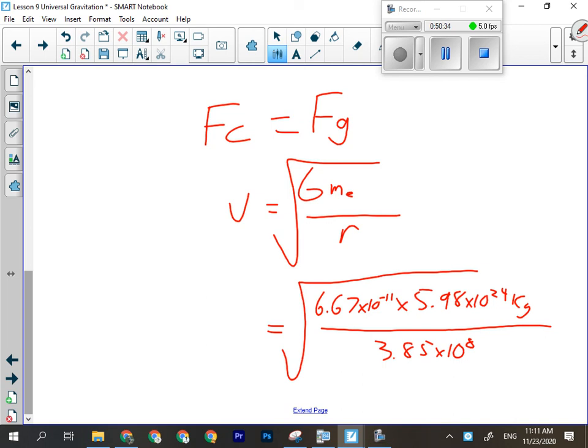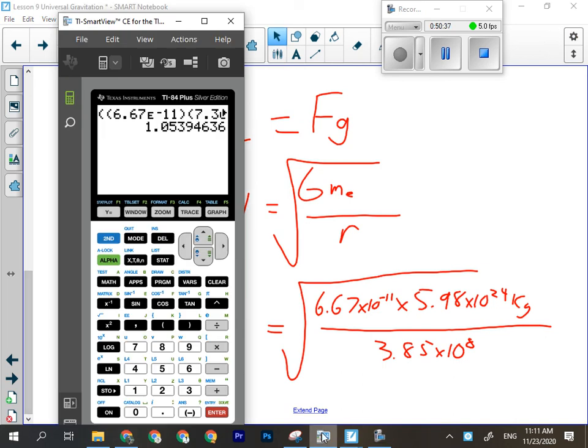So I'm going to divide by that. Once I plug all that in, I'm going to get the speed of the moon as it orbits the Earth. Lots of brackets. Brackets are super important here. I actually need 3 of them. 6.67 e negative 11, so there's big G, times the mass of the Earth, 5.98 e 24, bracket, bracket, divided by, in brackets, 3.85 e 8, end bracket, end bracket.